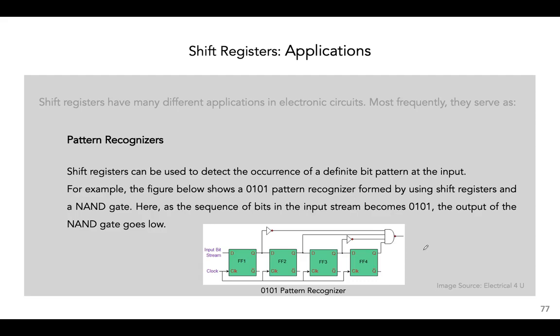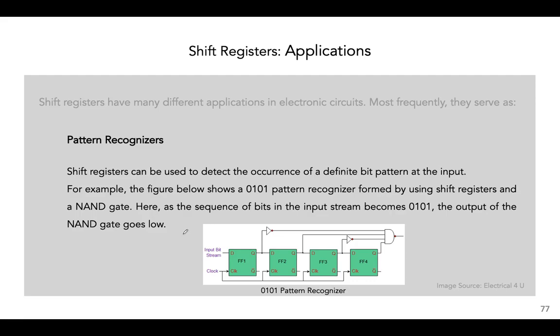So not only are they able to generate a certain set of repeated patterns, they can actually be used to detect the presence of definite bit patterns within an input bit stream. So if you have a constant, very long stream of bits, you can actually detect how many times a certain pattern is repeated within that continuous bit stream.